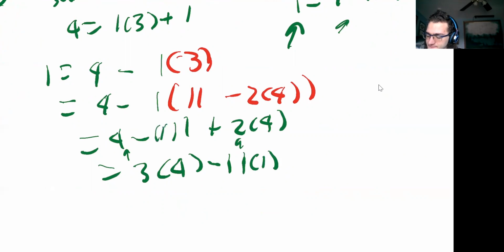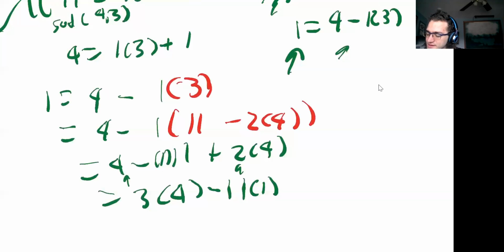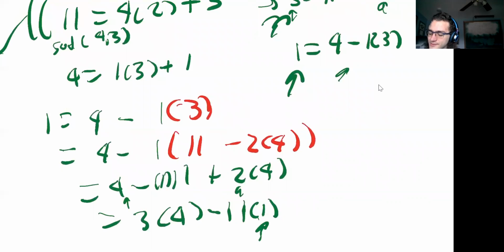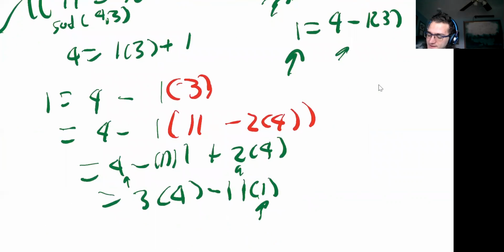And so then I can say, well, this is minus 11 times some number, maybe it isn't 1, but it is in this case. If this is equal to 1, then I've found that 4 times 3 is 1, so this is the 4 inverse, or 4 is also 3's inverse.